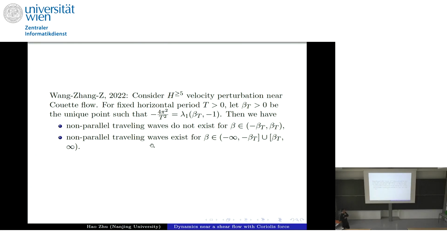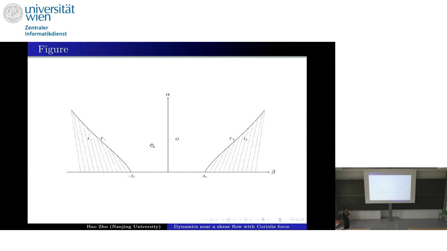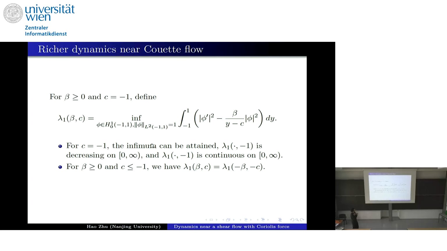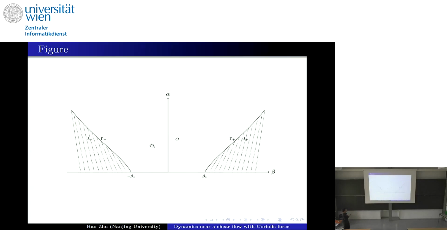For the perturbation as we took before, now we choose a horizontal period T, and then the Love number is chosen. For example, the Love number is here, and now we draw a horizontal line. It intersects the curve at a point. This curve is the minus of the first principal eigenvalue curve.